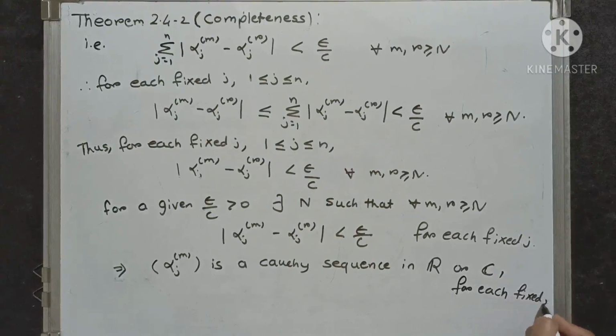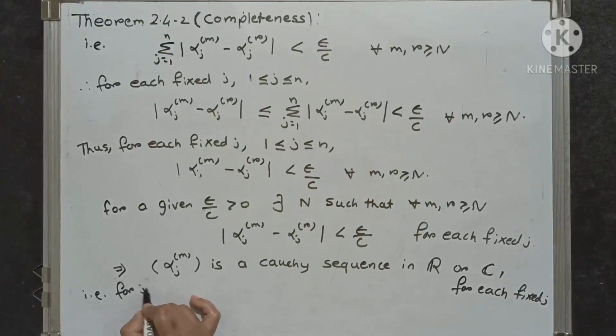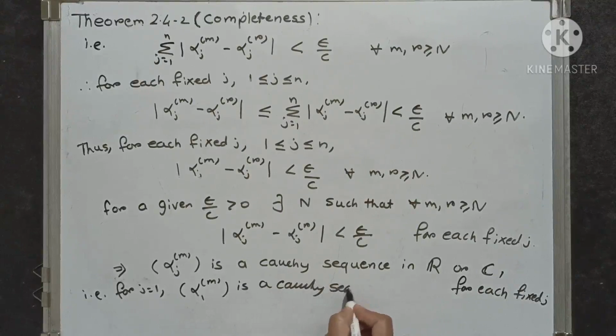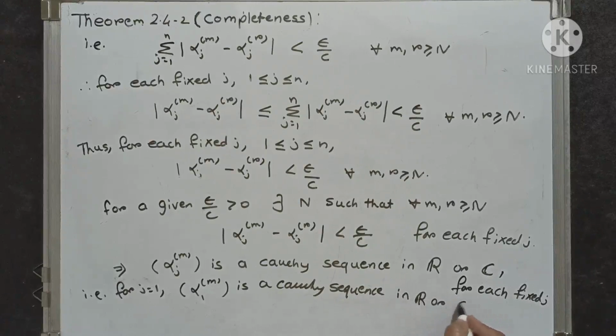As it is true for each fixed j, for j equals to 1 we get that alpha 1m is a Cauchy sequence in R or C. In the same way, for j equals to 2, alpha 2m is a Cauchy sequence in R or C. For j equals to 3, we get that alpha 3m is again a Cauchy sequence in R or C, and so on.